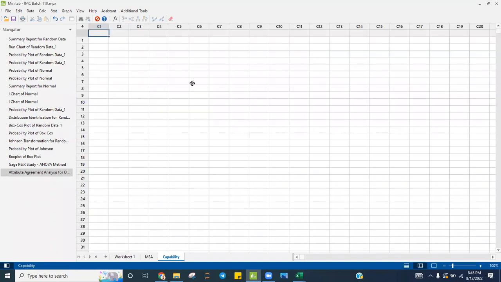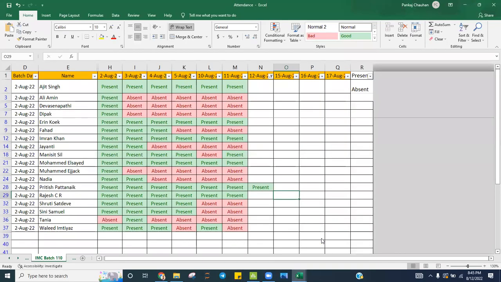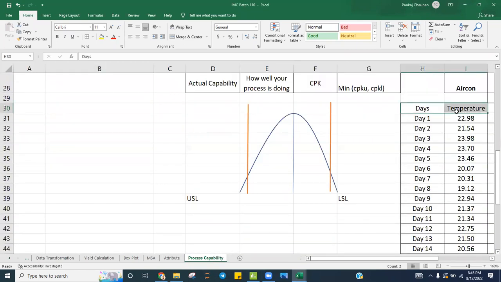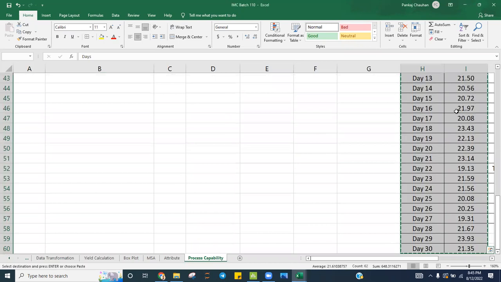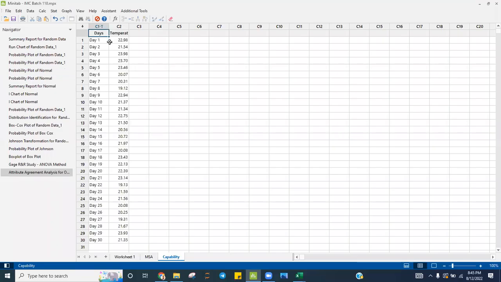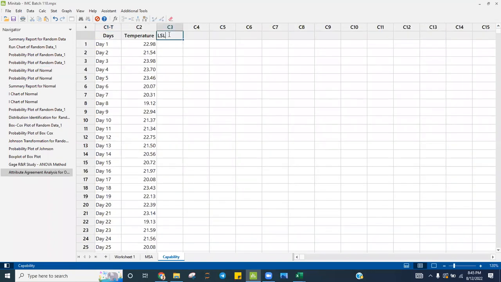Pasting this data. Where is my data? This data. All 30 days data I have here. You already know the specification, which is the lower specification is 18. Upper specification we have taken as 24.